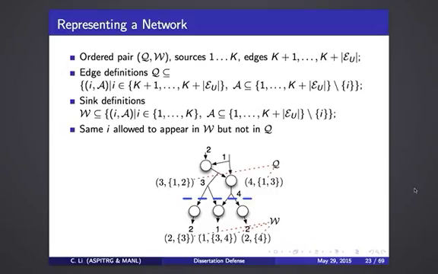For example, here, 2 is decoded by 3, 1 is decoded by 3 and 4, and 2 is decoded by 4. So we have the W collection here. Since the same source can be decoded by different edges, we allow repetition of i in W, but not in Q, because we cannot redefine an edge.